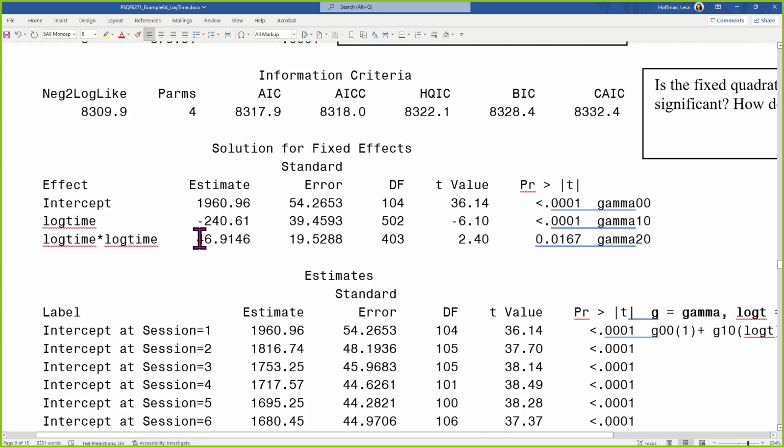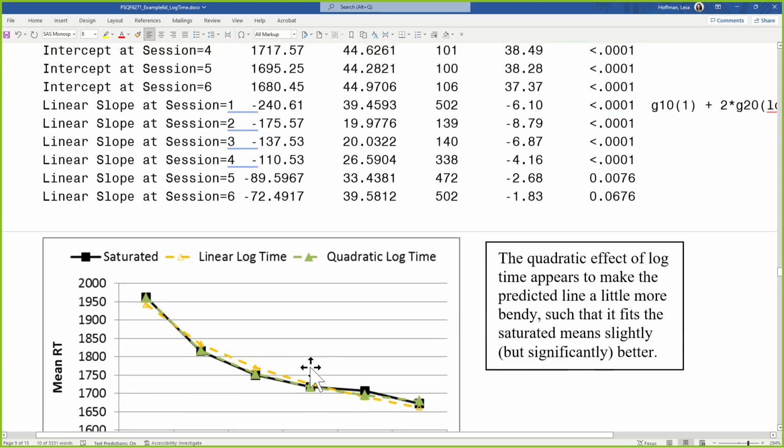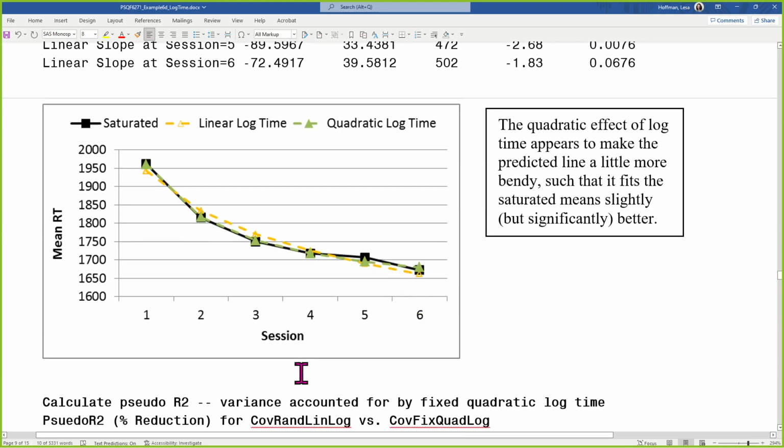So it looks like there is a little bit of deceleration of the effect of log time. And if you're like, what do I do with these numbers? I would say, see figure 2. Because at this point, trying to explain what a quadratic effect of log transform time means is, your readers are not going to stay with you. But they'll follow the picture. So the difference then is the yellow line versus the green line. And the green line does indeed look like it fits a little bit better.